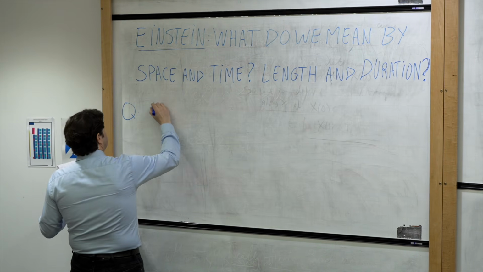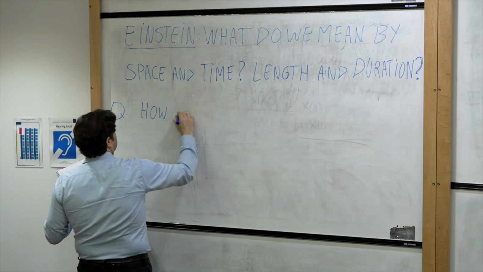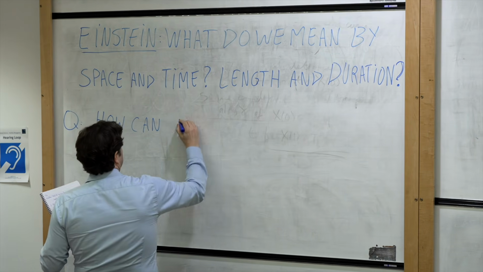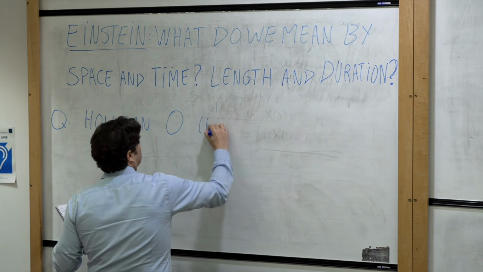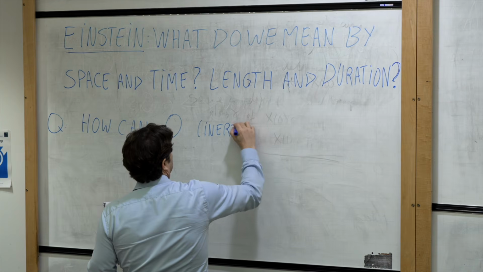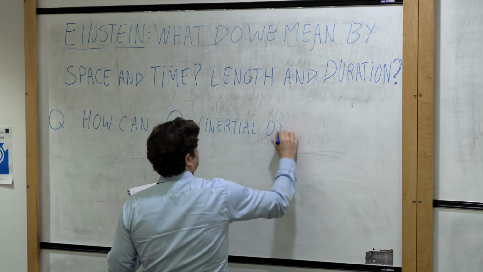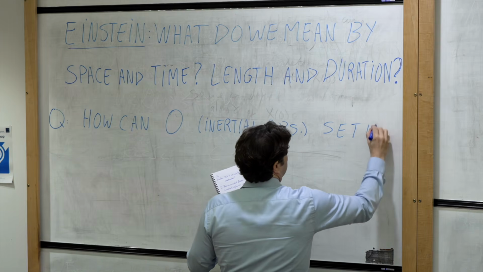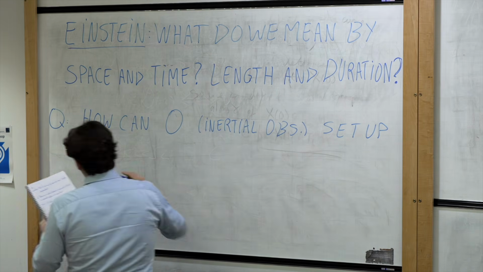How can an inertial observer, let's say O, set up a coordinate system?